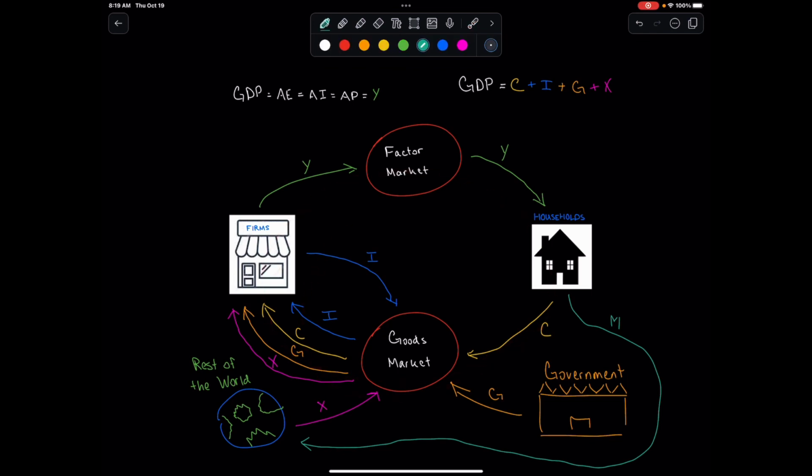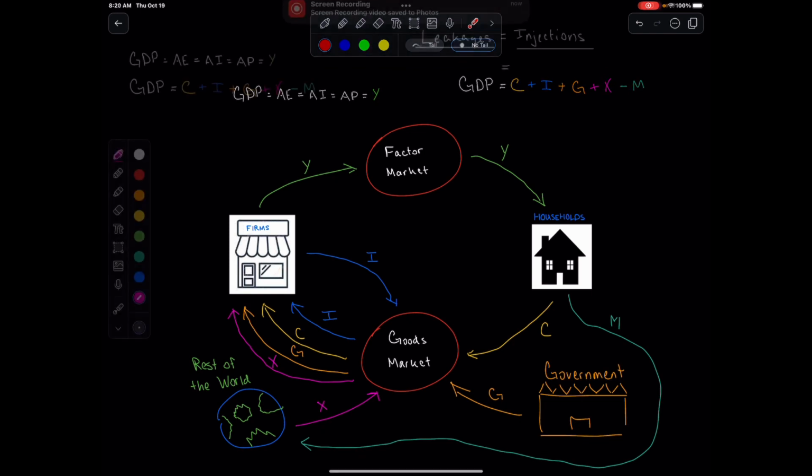So instead of adding it in GDP up here, we're going to subtract it. And as you can see, this is how we derive the formula for GDP, because GDP is basically the sum of all the parts of this cycle. That is consumer expenditure, investment, government expenditure, exports, and imports.